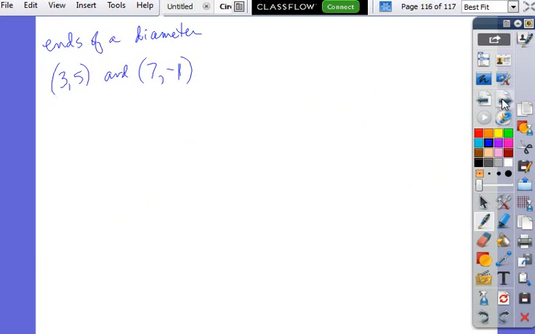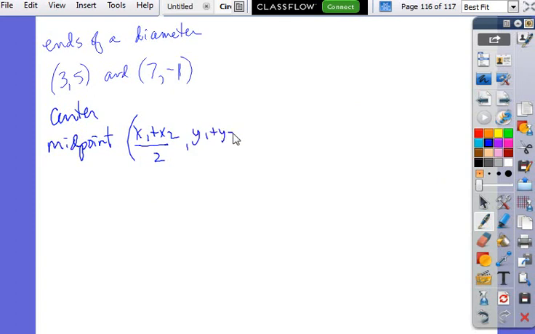In order to find the center, it is halfway in between those two. Well, halfway is midpoint. And we've done midpoint before. Midpoint is add up the 2 x's, divide by 2, add up the 2 y's, divide by 2. So if it tells me to find the center of 2 points, I'm simply doing the midpoint.